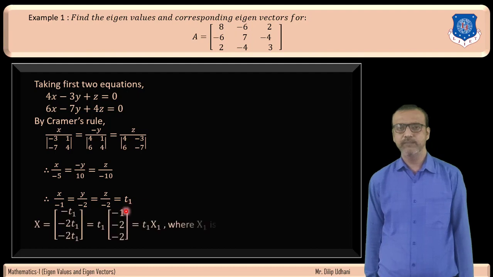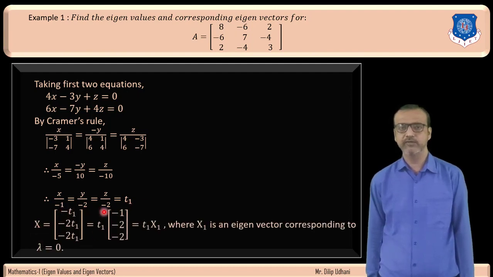So we have capital X equals minus 1 into t1, that is minus t1, y is minus 2 t1, and z is minus 2 t1. Taking t1 common, we have the column matrix minus 1, minus 2, minus 2, which equals t1 capital X1, where capital X1, that is minus 1, minus 2, minus 2, is an eigenvector corresponding to lambda equals 0.